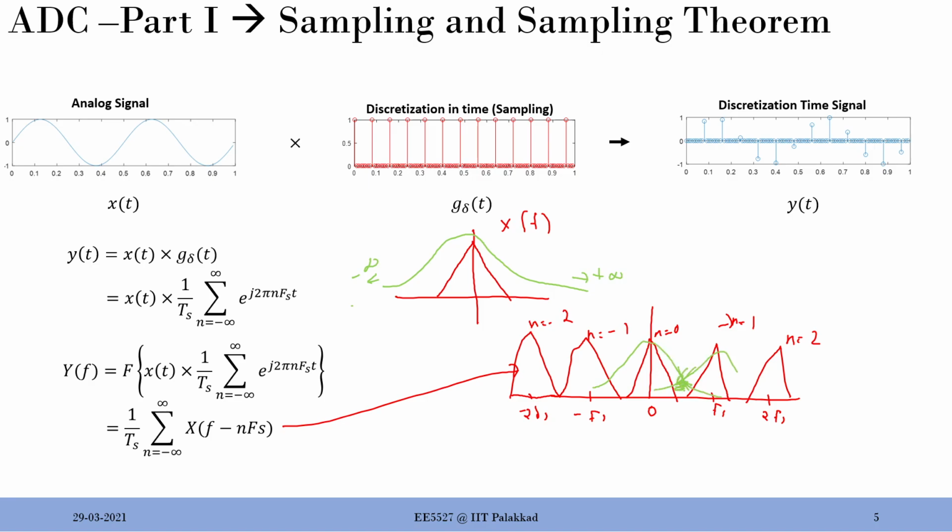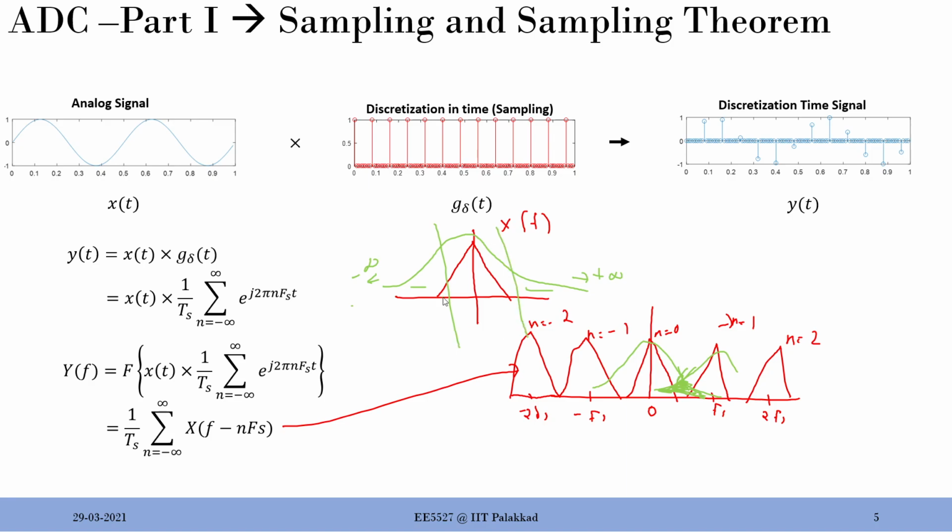These regions will get distorted, there is a lot of distortion happening, and that would have spoiled the spectrum. So it is very important that I ensure this x of f, which is the spectrum of your analog signal, is band limited. Okay, so it has a bandwidth, and after that it is 0. This portion doesn't exist for the signal. So this is the bandwidth for this particular signal.